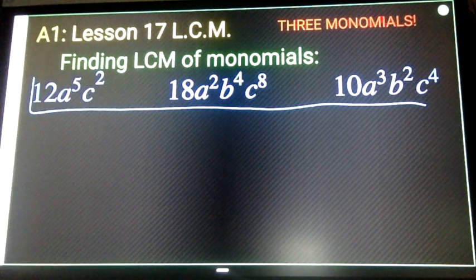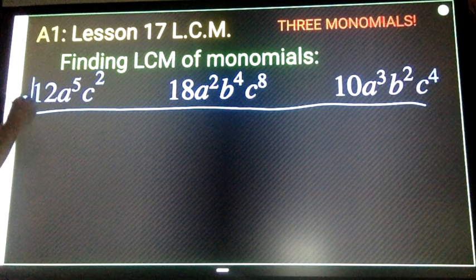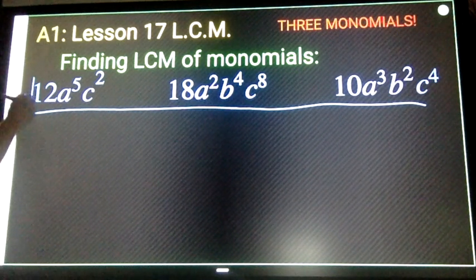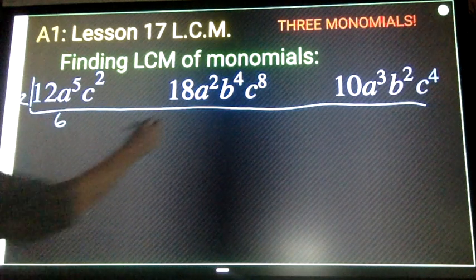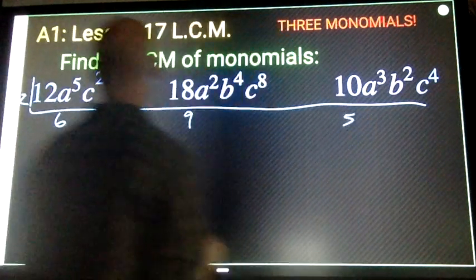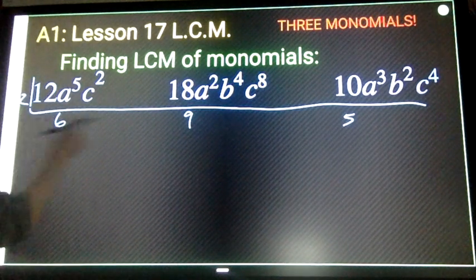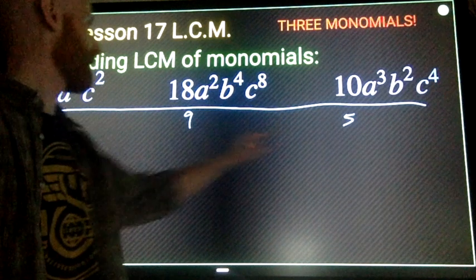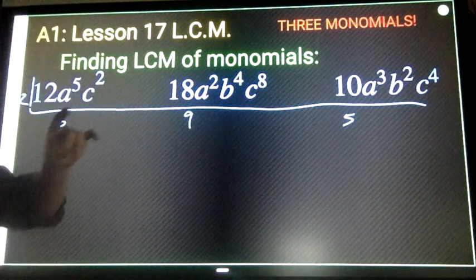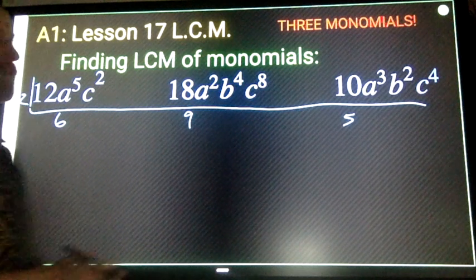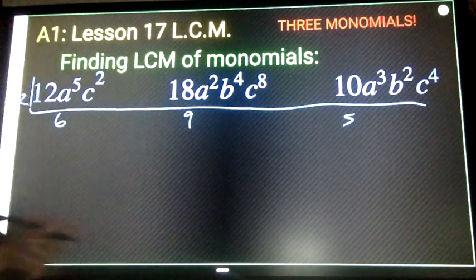So I didn't leave myself a lot of space over here. 2, my fault. 2 divides all of them. Divides 12 6 times. It divides 18 9 times, and it divides 10 5 times. And nothing divides 6, 9, and 5. All right, but we are going to continue. Okay, so this is going to be different from GCF when you have three terms.